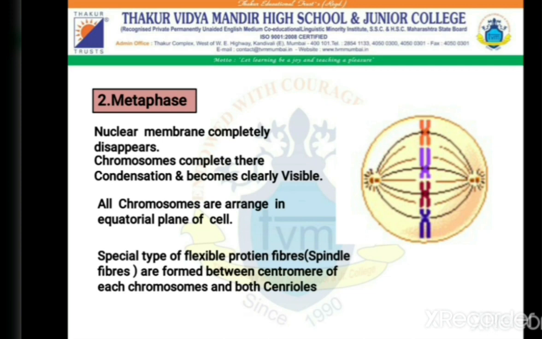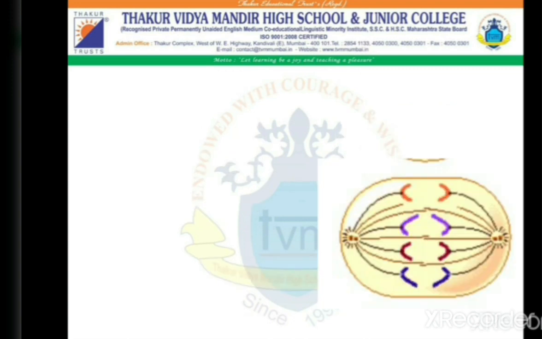So these are called spindle fibers, and they are formed in this metaphase. Basically, what the spindle fibers do is start pulling the chromosomes and break them into sister chromatids, which is carried out in the next phase called anaphase.